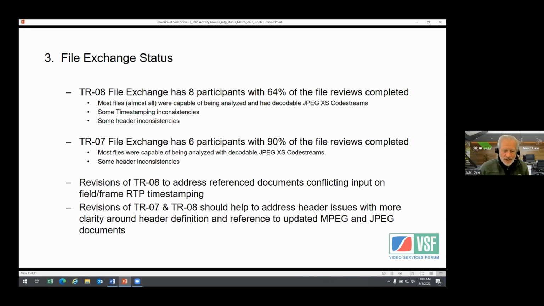What we're working on right now is revisions of TR-08 to address the reference documents and address some of the conflicting input on field frame RTP timestamping. So that's going to be addressed. And then on both TR-07 and 08, there were some header issues and some clarifications needed around both the MPEG and JPEG documents. So that's being addressed as well.